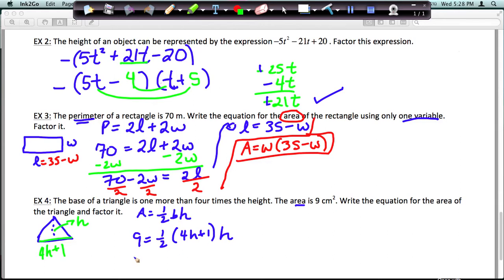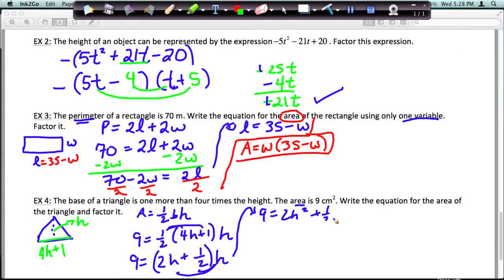Okay, so let's simplify this. First thing I'm going to do is distribute this 1/2 through the parentheses. 1/2 times 4 is 2, so I get 2h plus 1/2. And you still have this h here. Okay, now I'm going to distribute the h through the parentheses here, and I get 9 equals 2h squared plus 1/2 h.